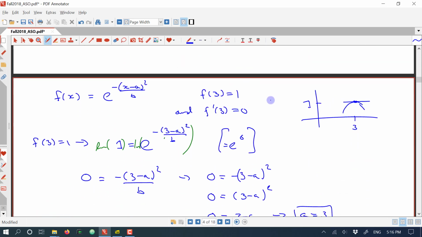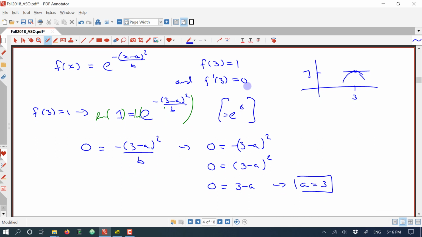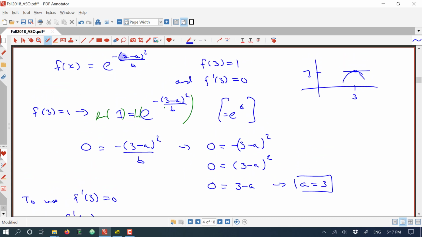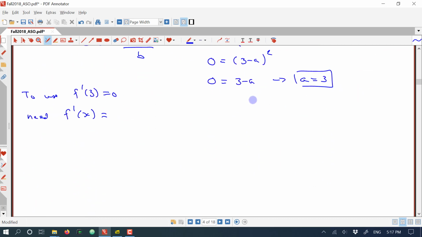Well, let's see if the other piece of information that we have, the fact that we have a global max at that same x-coordinate, can help us. So to use f prime of 3 equals 0, we need f prime of x. We need the function. Well, where's our function here? There's our exponential. We're going to differentiate that, and that's going to give us the same exponential back.